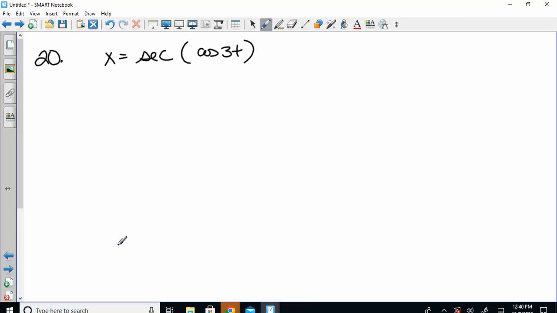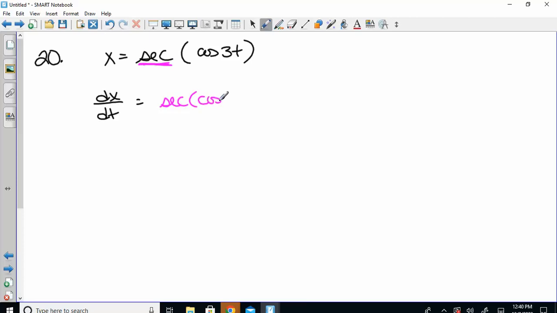On this one, we aren't doing a product rule here. It's not secant times cosine, it's secant of cosine. So we have to do the chain rule. So you start on the outside. Derivative of the outside. What is the derivative of secant? Secant tangent.